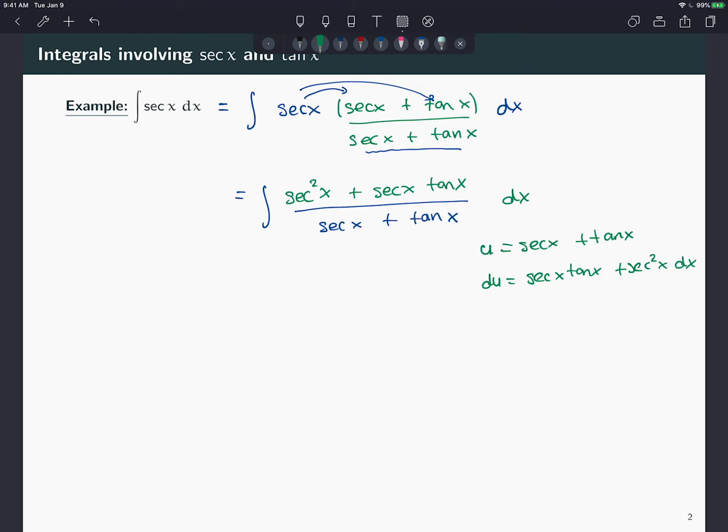Okay, so I have 1 over u du. Again, I don't need a sign here. I really just have 1 over the u part of the du part. So the antiderivative of this becomes the natural log of the absolute value of u. And now I just go back and plug it in. My u was secant x plus tangent x.